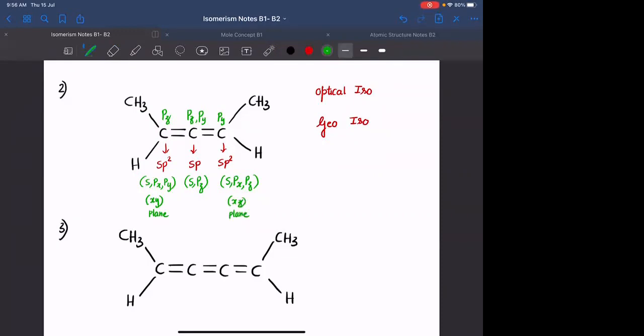So you should not draw the molecule like this. You need to show it like this, and show this as this. So it is no longer a planar molecule. Here you should show something like this. If I take this plane of paper as the xz plane, the xy plane will be perpendicular to it.